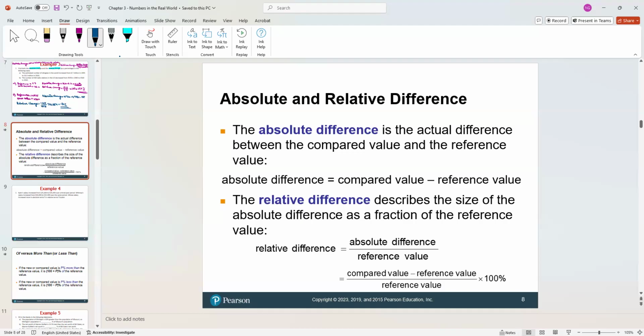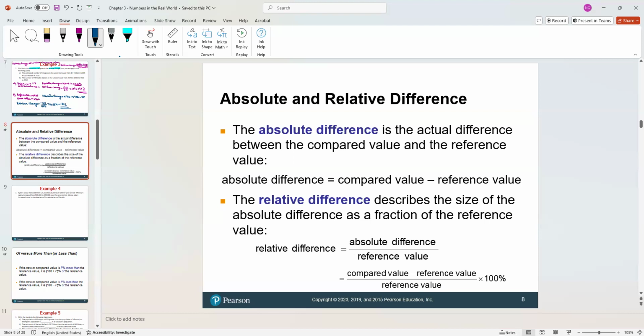Because we are comparing to the Toyota price, we say that the Toyota price is the reference value, because we divide by it, right? Notice that the reference value follows the word "than": it's greater than the Toyota. The Mercedes price is the compared value. So that's what we are trying to explain in these examples. We can now define the absolute and relative difference between quantities, much as we defined absolute and relative change.